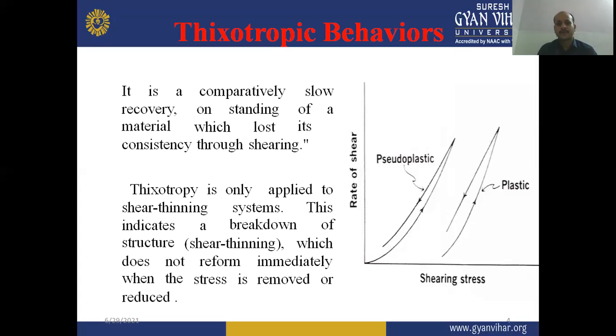When we plot a graph between the rate of shear and shearing stress, there are two characteristics. A hysteresis loop is given in this rheogram for pseudoplastic as well as plastic material.